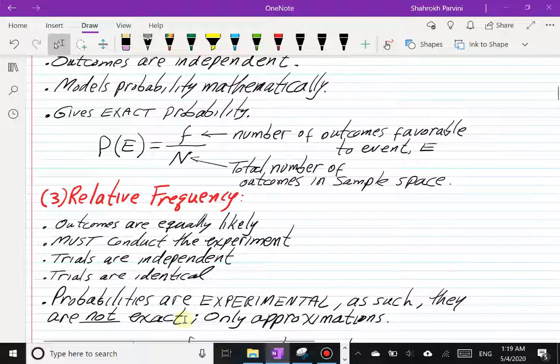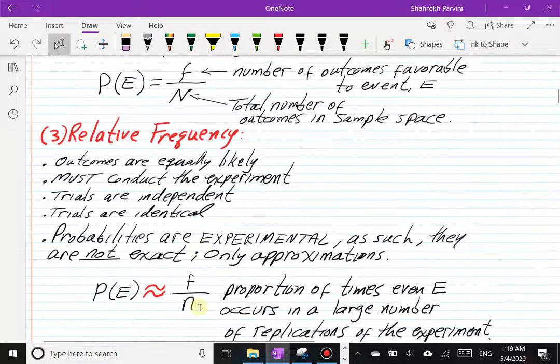Unlike the classical definition, remember, in the classical definition, because you do not conduct the experiment, it's based on a mathematical model. The probability of a tail or a head is exactly 50%. So that's what we mean by exact, because they are independent of the experiments, because the experiments are not being conducted.